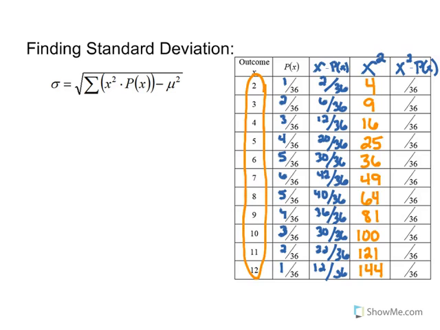Okay, and then this last column, we're identifying what x squared times p of x is. So I'm doing these numbers that I just wrote in orange times the initial p of x values.